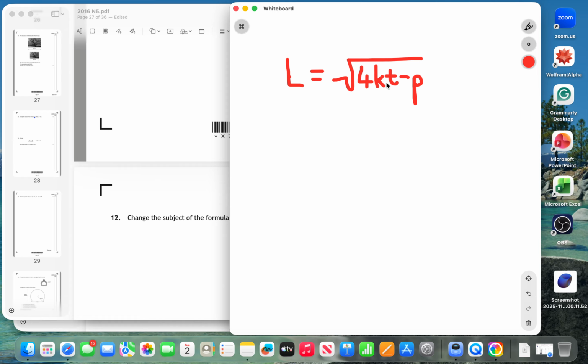Now the k is inside the square root, so we have to get rid of the square root. We have to do the inverse of a square root to get rid of it. So if we square this side, then you cancel out the square root. So that's going to be 4kt minus p.